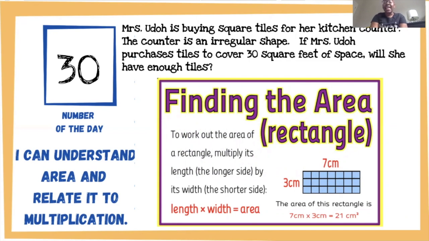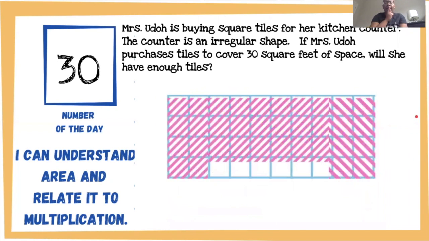So let's see if we can multiply the length and the width to find the area of our shape. Well, this shape looks quite different than the one that was in our picture. How do you think I'm going to find the area of this shape, being that it's not a rectangle?